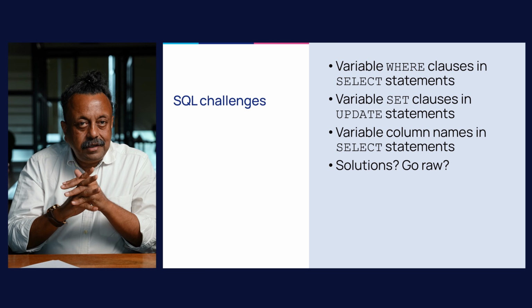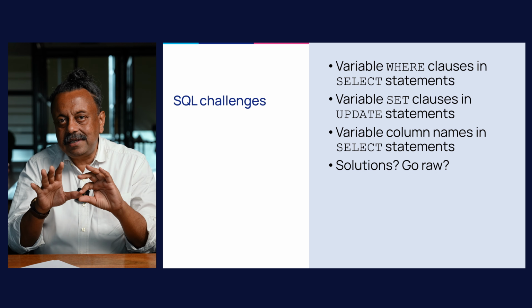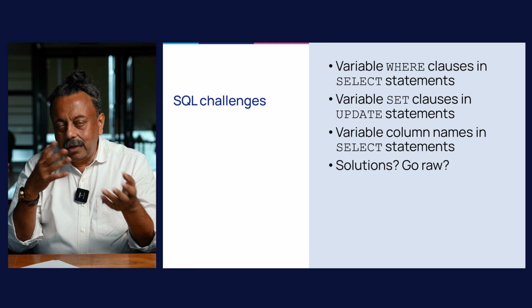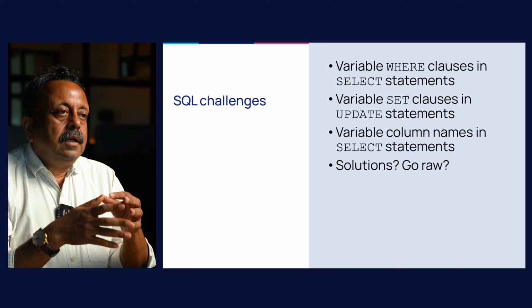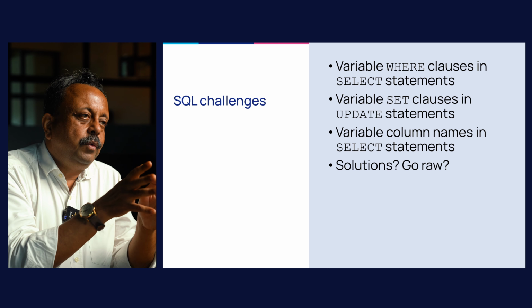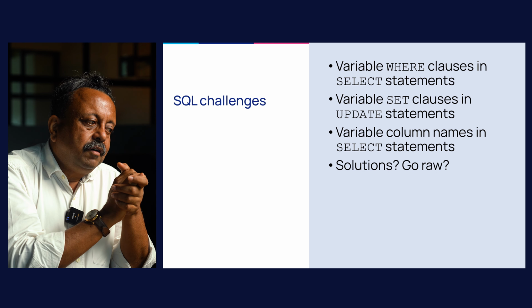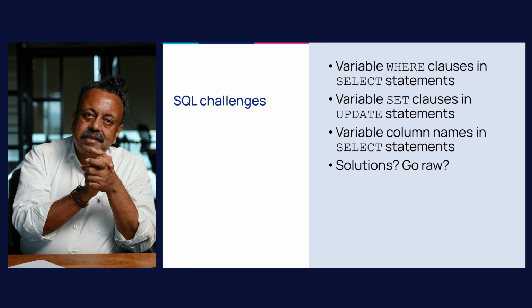Now there are difficulties which are not very easy to address, which even SQL-C does not address, or you have to choose other tools. When we have a flexible and powerful web service where the filter parameters are optional, then we have variable where clauses in the select statement.